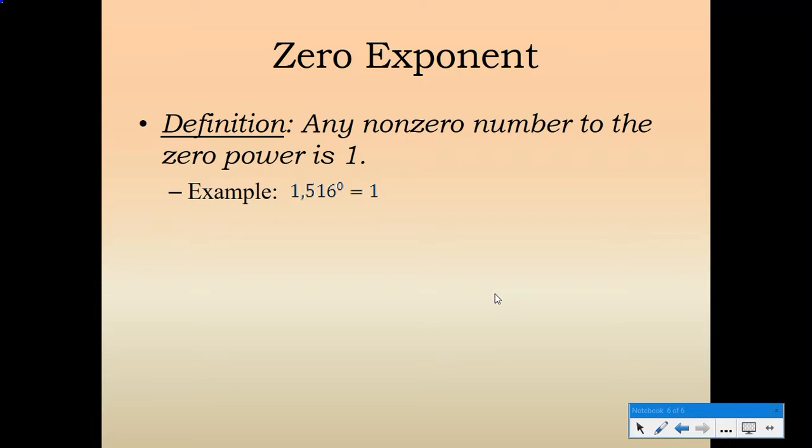Any non-zero number to the 0 power is 1. Any number raised to the power of 0 is 1. So it's one of your easiest exponent laws to remember, but it's one of your most important. You could have a googol raised to the power of 0, and it would still be 1 as your answer.